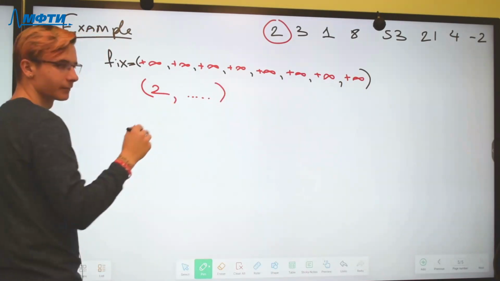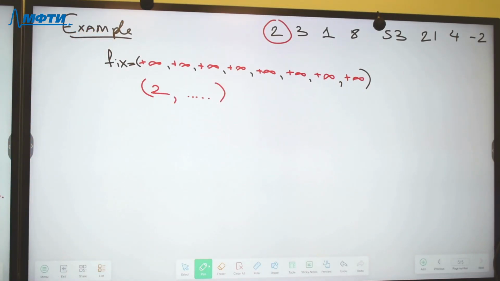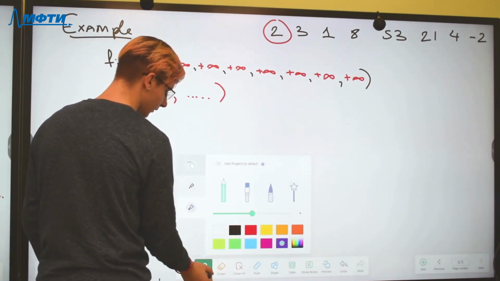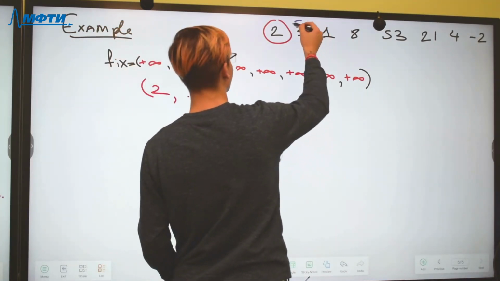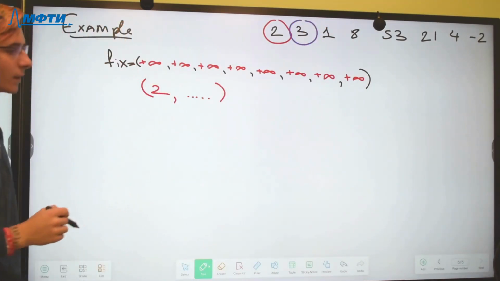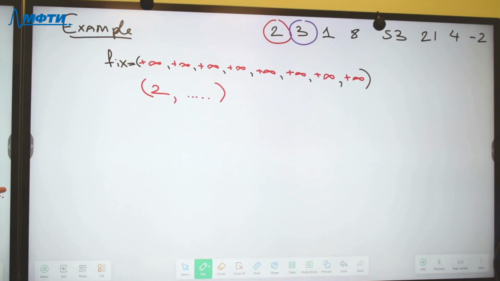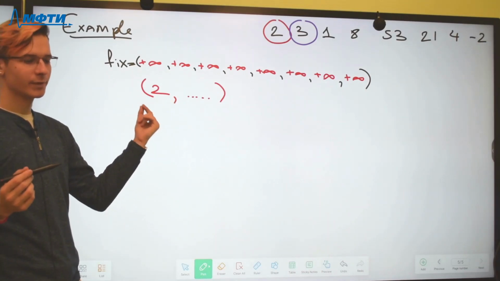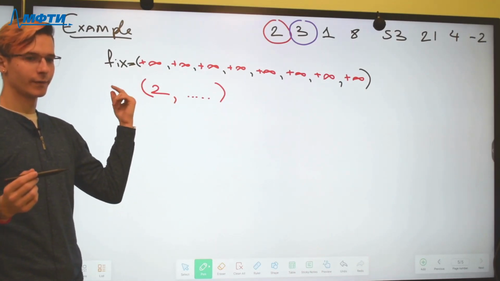Then we see this number. It's equal to 3. And we find in this array the place where we need to insert 3.